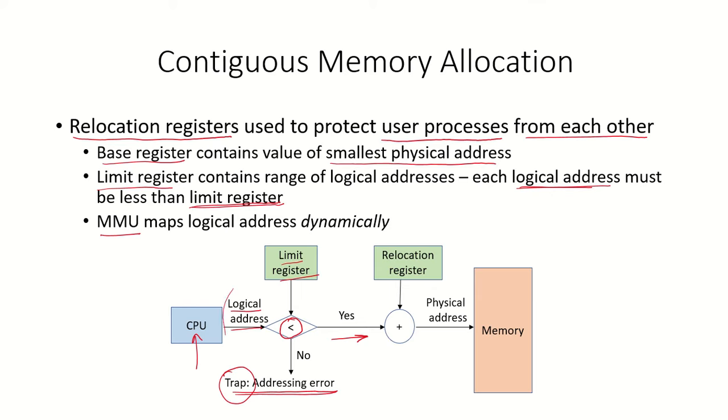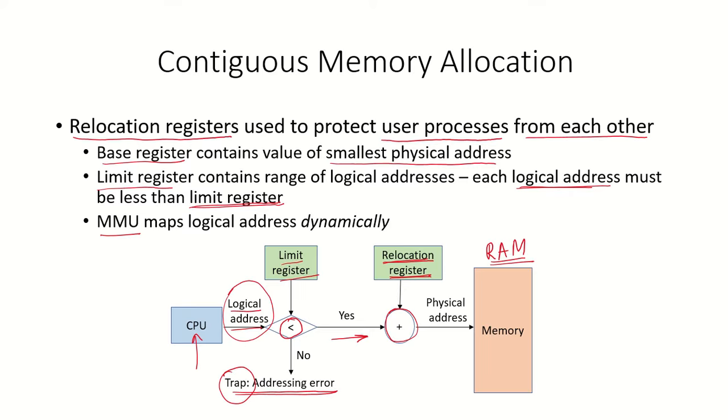Now if the value of the logical address is less than the value in the limit register, then it will be added to the value in the relocation register. So the relocation register specifies where exactly in the actual physical memory the process has to be placed.